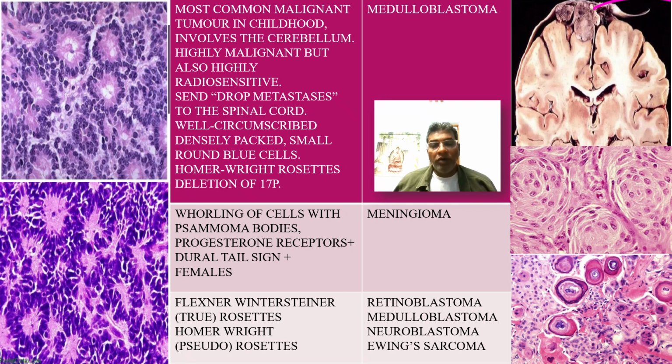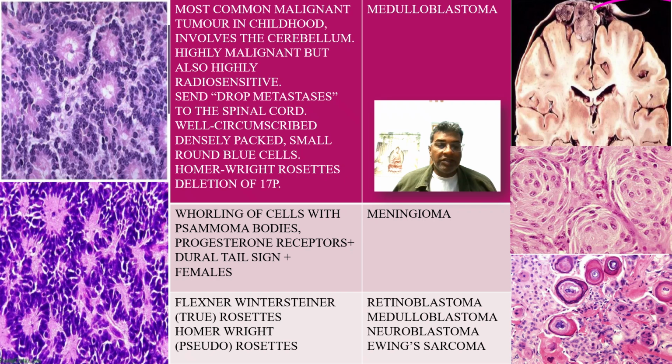Next, coming to rosettes, there are two types of rosettes, true rosettes and pseudo rosettes. Flexner Wintersteiner rosettes are true rosettes. They have an empty space in the center surrounded by cells arranged like a flower, that is rosettes. And Flexner Wintersteiner rosettes are seen in retinoblastoma.